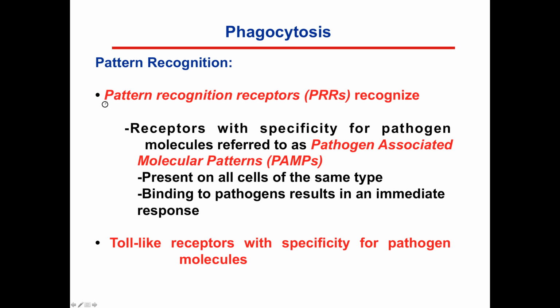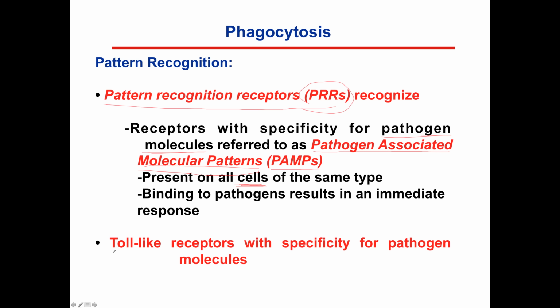One of those types, which is really significant in terms of the number of them, are referred to as toll-like receptors. They're called toll-like receptors because they have similarities to a receptor that's found in Drosophila, which are fruit flies, what are called toll receptors.